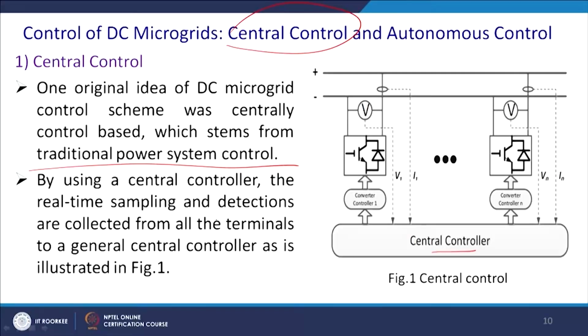The sampling and the detection are controlled from all the terminals by the general central controller, as illustrated in this figure. So, this is one converter, and you can have inverter, converter. You fetch voltage and current from each of the converters, you process it, check it and send the instruction. Everything has to be done by the central control.